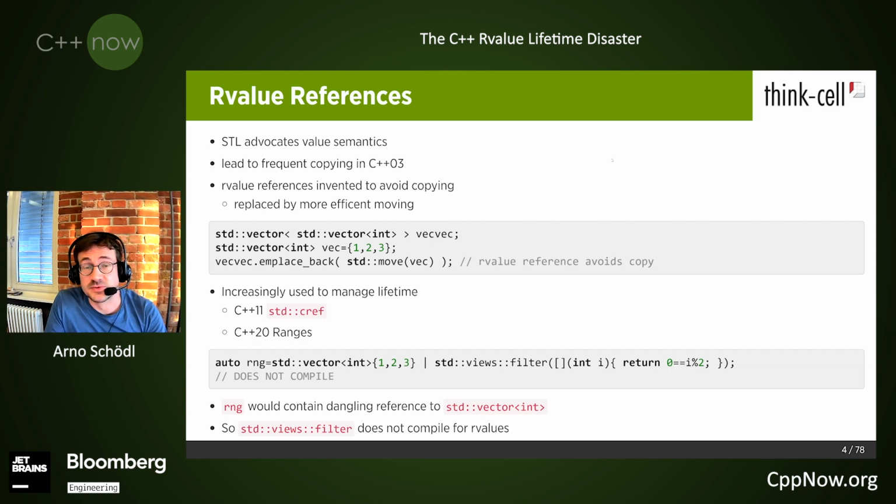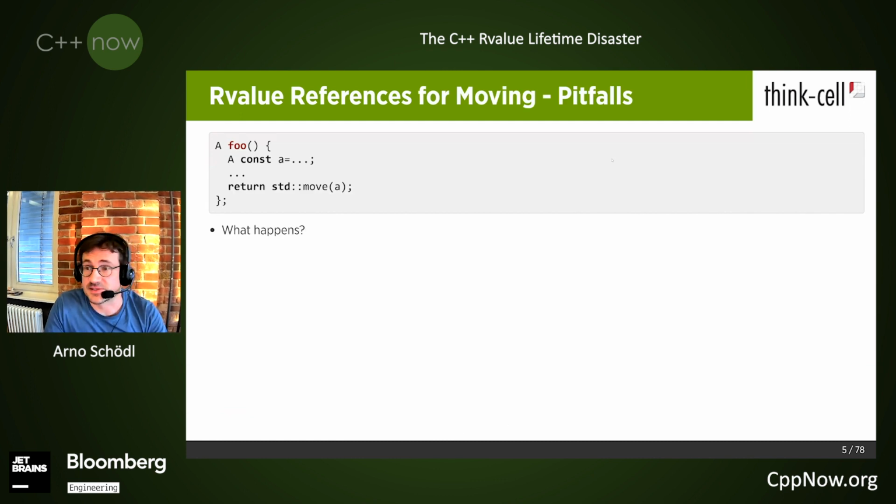Before we go into these lifetime problems, let's talk a little bit about the pitfalls that rvalues have and how we can avoid them. So here are a few basics of rvalues and how to use them. Let's say you have a function foo, and that function declares a variable and returns that variable. So you want to do that as efficiently as possible, right?